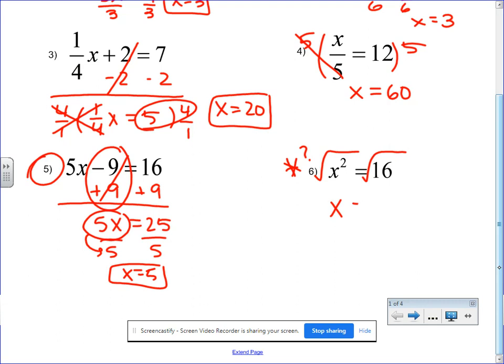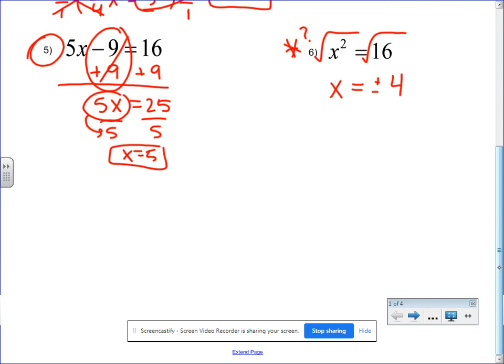So we have x equals, well, square root of 16 is 4. However, you're right. We have to have this idea of plus and minus 4. Because remember what it means to square something, right? It's multiplied by itself. So 4 squared is 16 because 4 times 4 is 16.